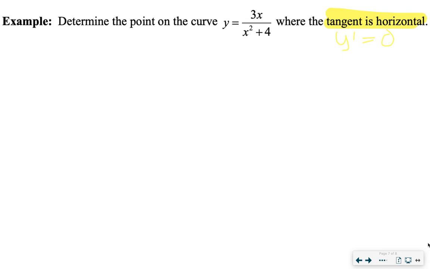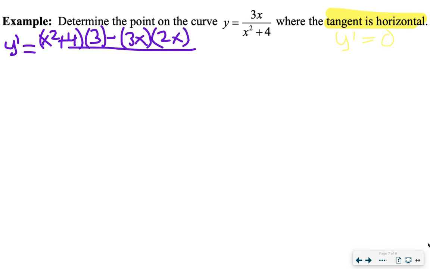Okay, so let's find that. So first, if we're looking for y prime being 0, we need to find y prime. So my derivative, bottom d top, minus top d bottom, all over the bottom squared.